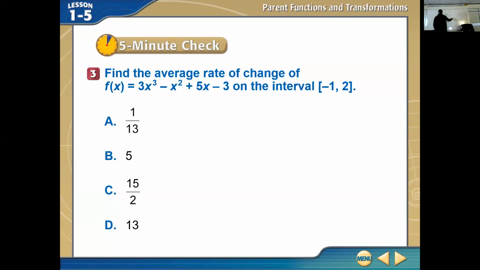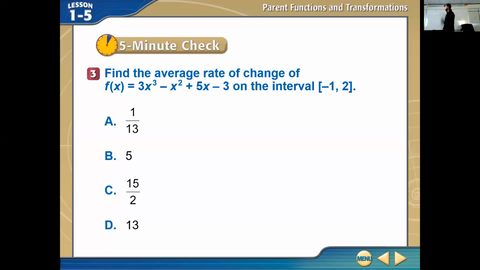So 27 minus a negative 12 turns into a positive 39. 2 minus a negative 1 is 3. 39 over 3 would simplify down to be 13, which corresponds to answer D.